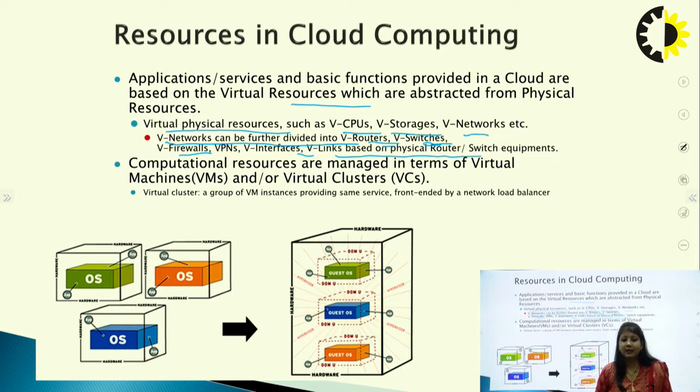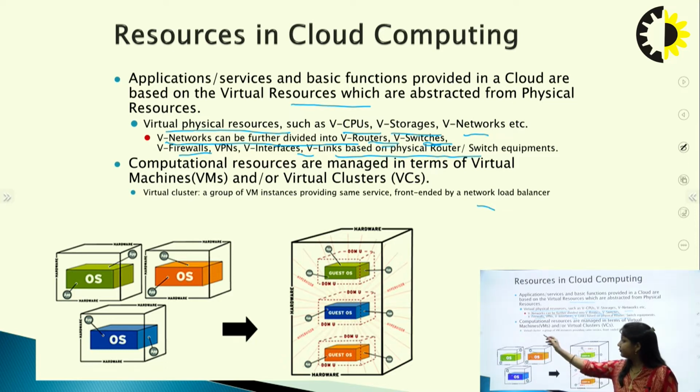So firstly, the cloud provider needs to deploy all these services, and then we talk about the resource provisioning methods. These computational resources are managed in terms of virtual machines. Our desktop is now converted into a virtual machine, and we can take the service of the virtual machine, which is called infrastructure as a service.